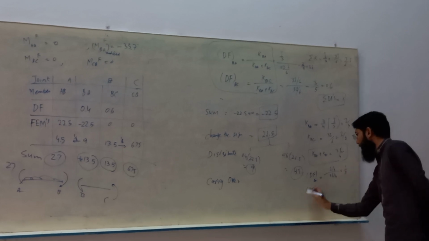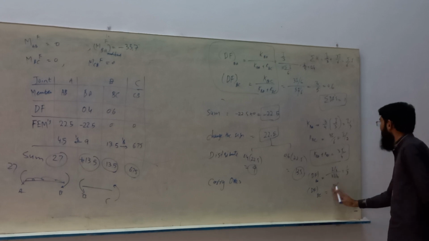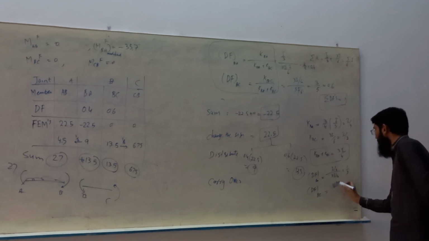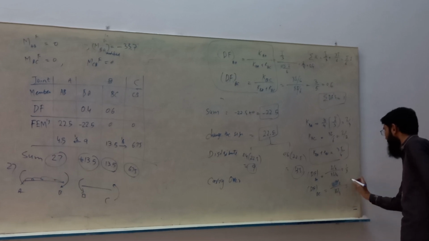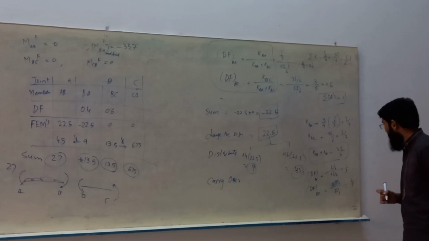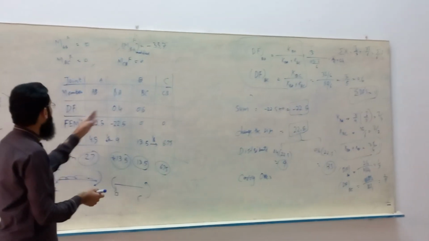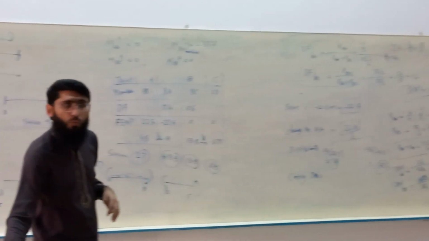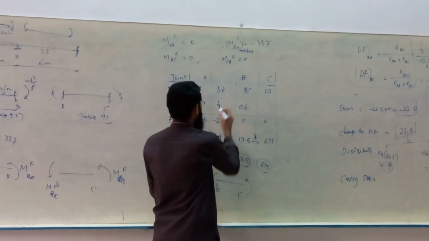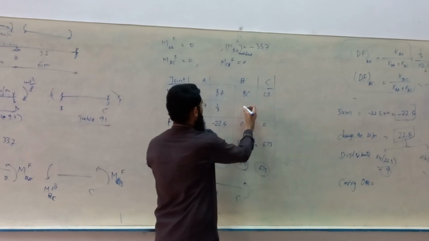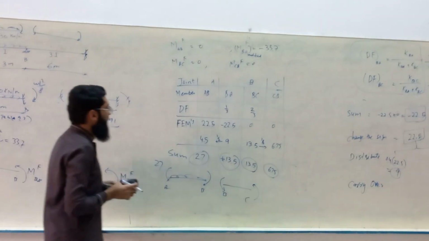And DF for BC would be I by 2 divided by 3I by 4, which is 2 by 3. So 1 by 3 and 2 by 3, okay? So what is going to change? This will be 1 by 3 and this will be 2 by 3, and sum is again 1.